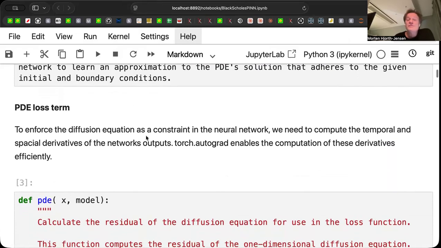So then, to enforce a diffusion equation as a constraint in the neural network, we simply need to compute the temporal and spatial derivatives of the network outputs. And this is where automatic differentiation comes in. That means that we are using autograd, which enables the computation of these derivatives efficiently.